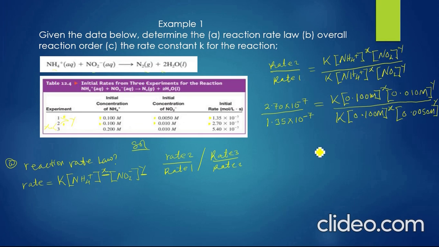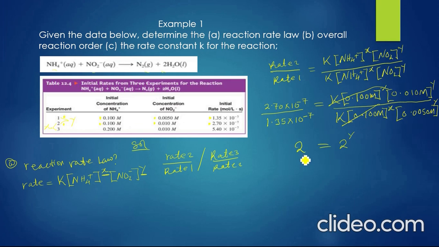So here now we need to divide. So this into that, it can go 2 times, and then we have seen this is the same as this, so you cancel, and then 0.010 molar divided by 0.0050 molar is going to give us 2, and then don't forget there is a power y there like that.